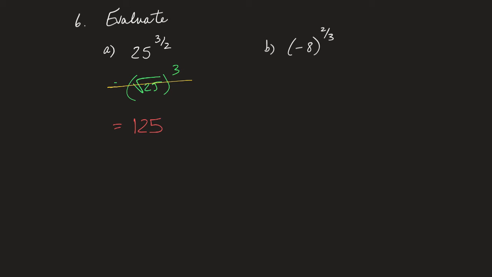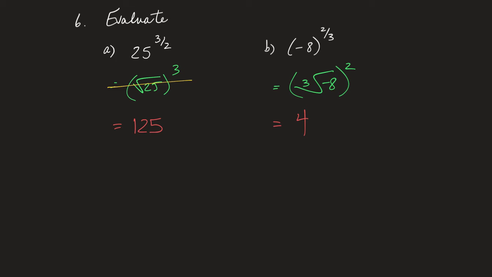Okay, we're back. So you take a look at B, and I hope we would do the same thing. That we would be okay to think about that as the cubed root of -8, square it. And so we calculate that in our head. The cubed root of -8 is -2, square it is 4.